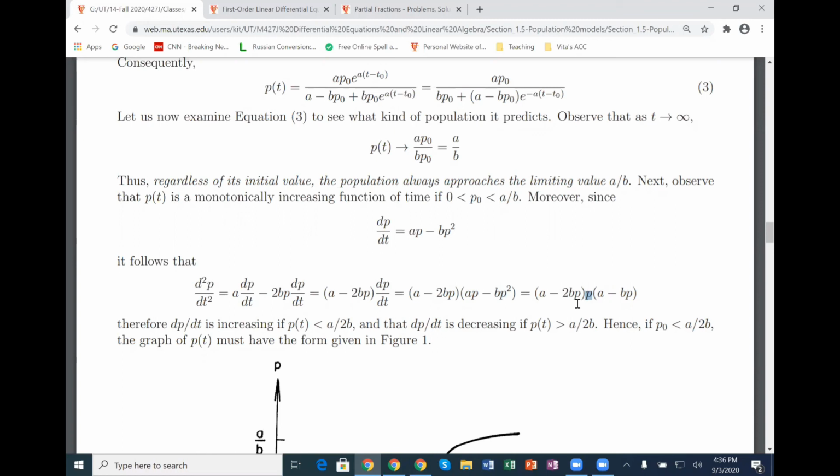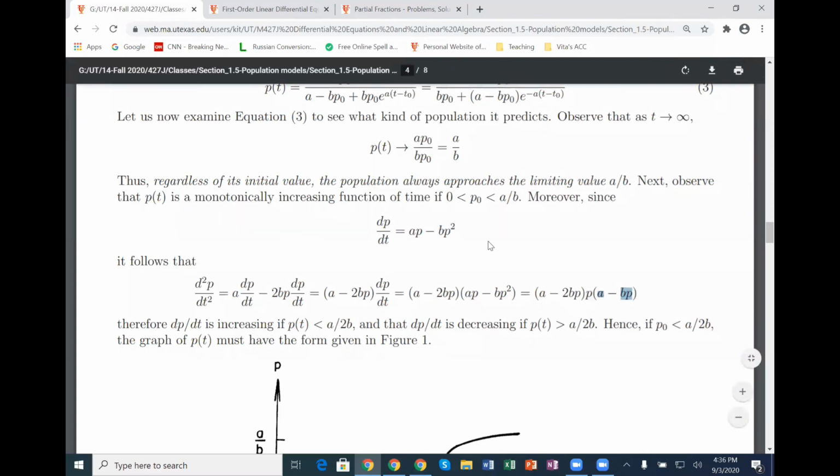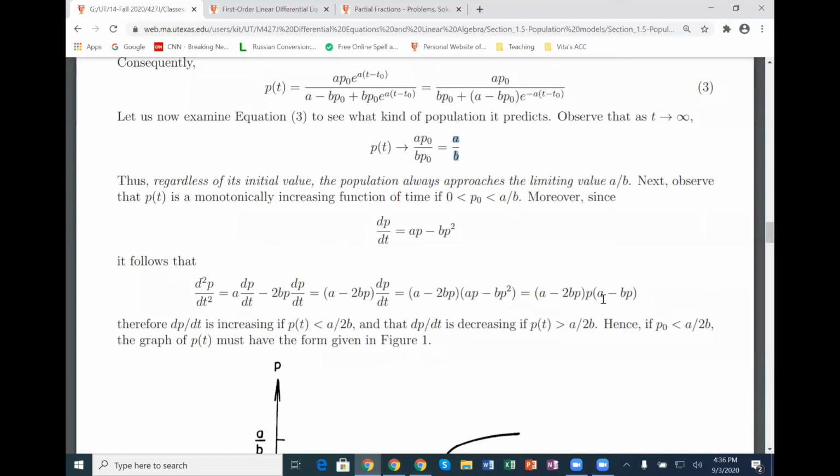Here's what we do next. A minus BP is positive because P does not exceed A over B. So this term is positive. P is population. It's also positive. Conclusion, this portion is positive.